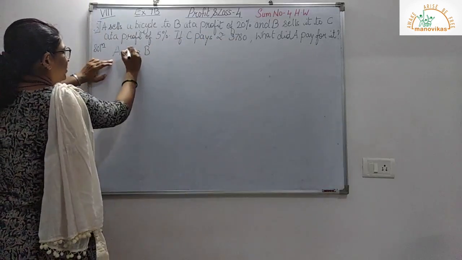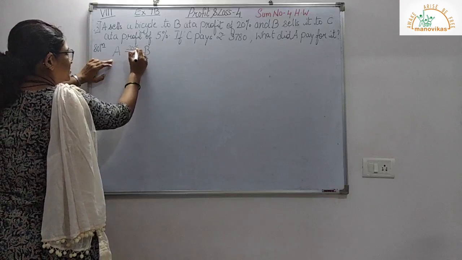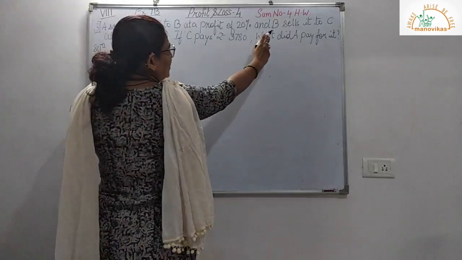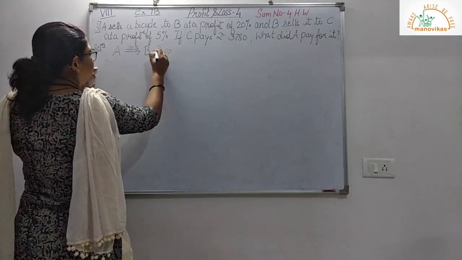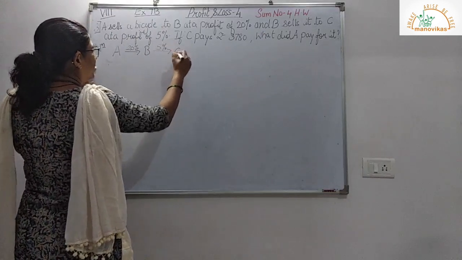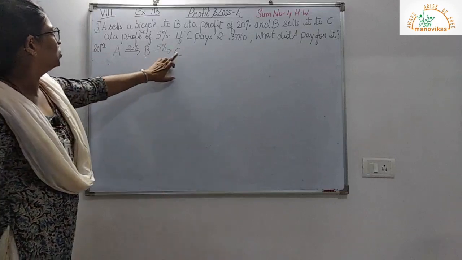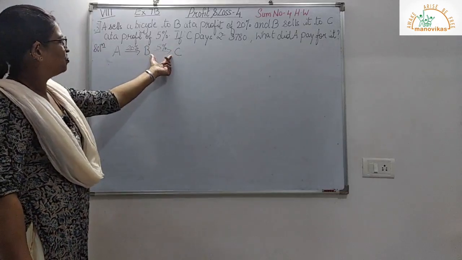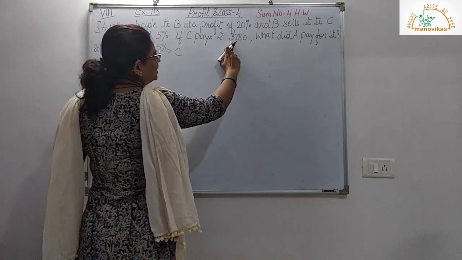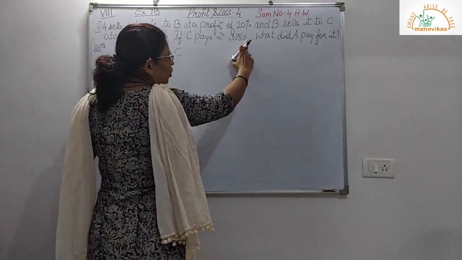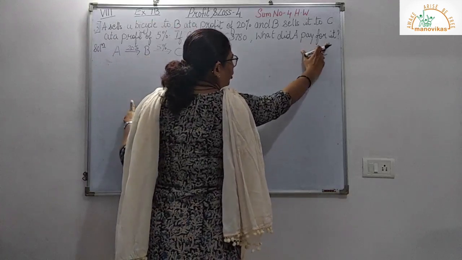So A sells to B at a profit of 20% and B sells it to C at a profit of 5%. If C pays rupees 3780, what did A pay for it?